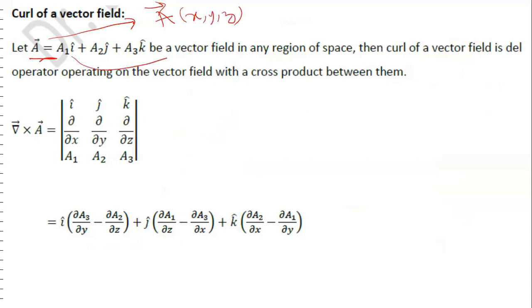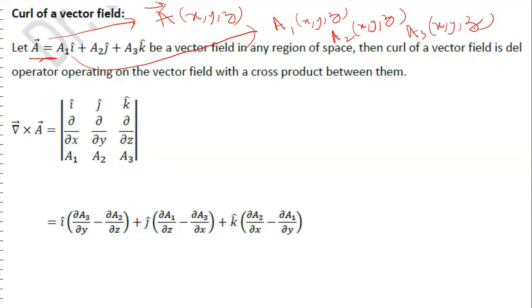That means the components of the vector, A1, can be a function of x, y, and z, and similarly A2 and A3 can be functions of x, y, and z, right? So if A1, A2, and A3 are not constant and they are varying with space variables like x, y, and z, then this is called a vector field.